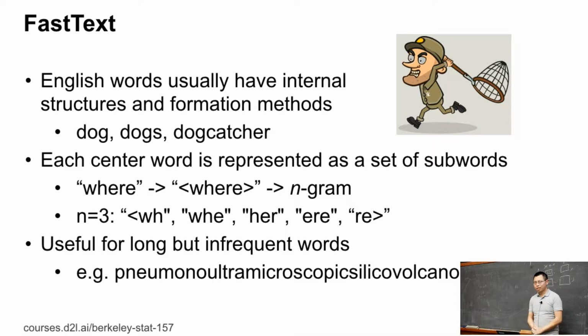So FastText is pretty useful for languages whose words have internal structure. A lot of European languages have such structures, but it doesn't apply to others like East Asian languages, which don't have internal structure in the word.